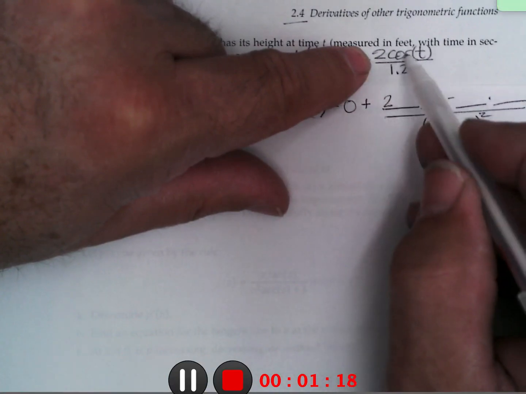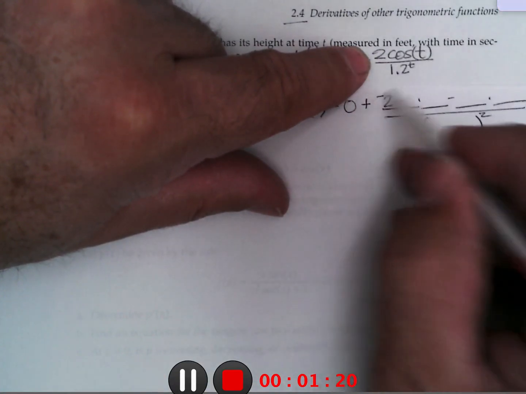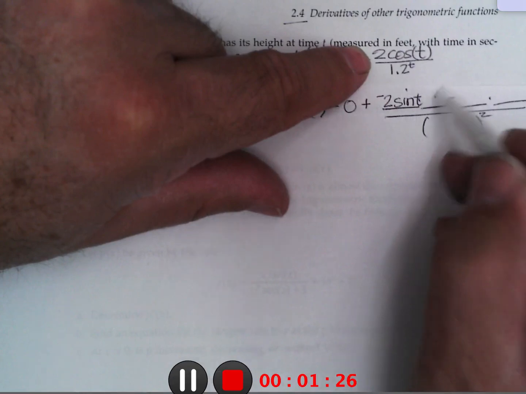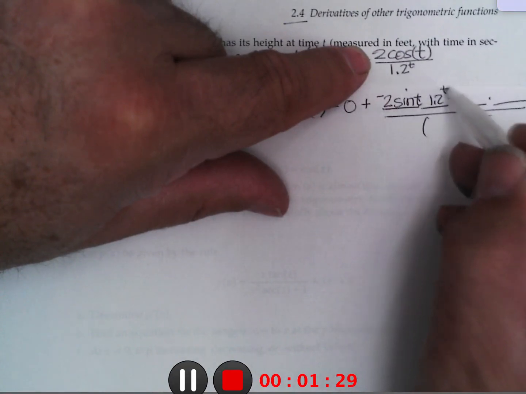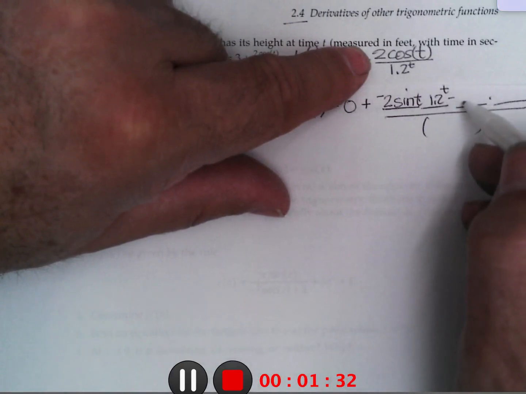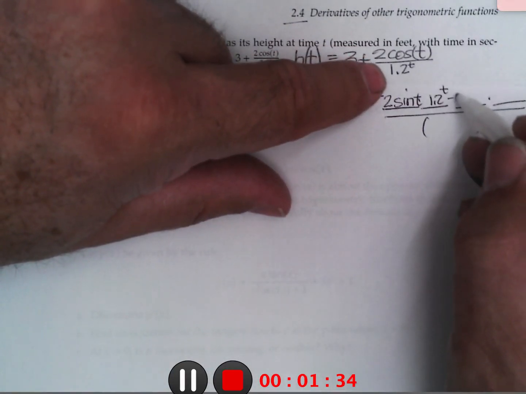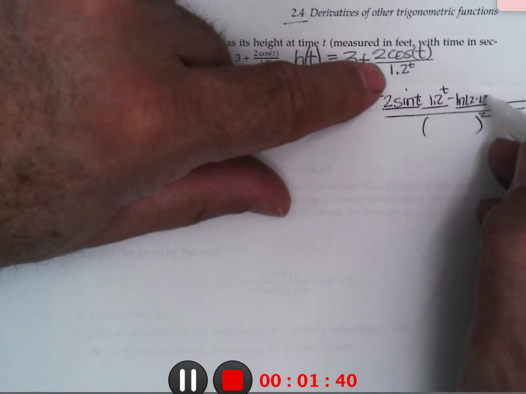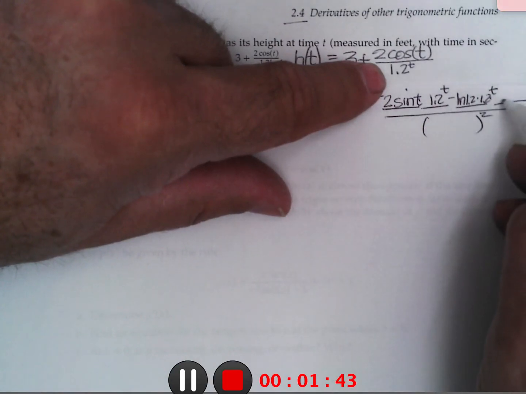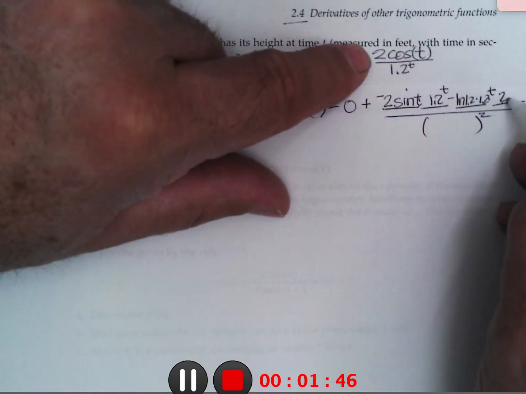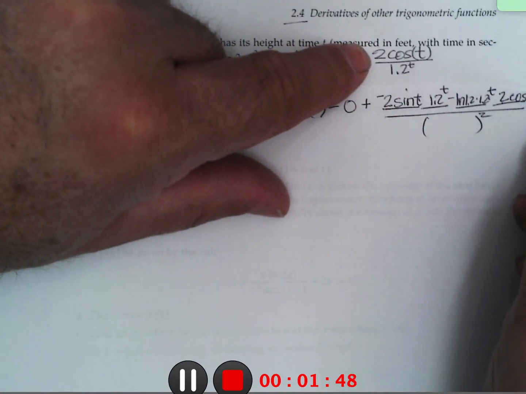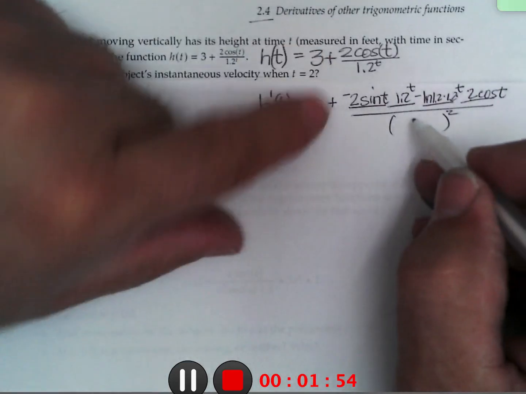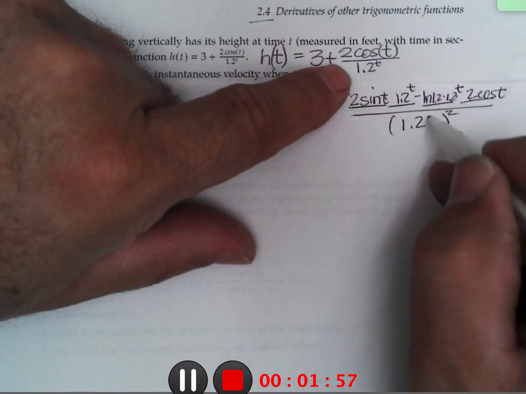The derivative of cosine is negative sine t, times the denominator, minus the derivative of the denominator, so that's ln 1.2 times 1.2 to the t, times the numerator, over the denominator to the t squared.